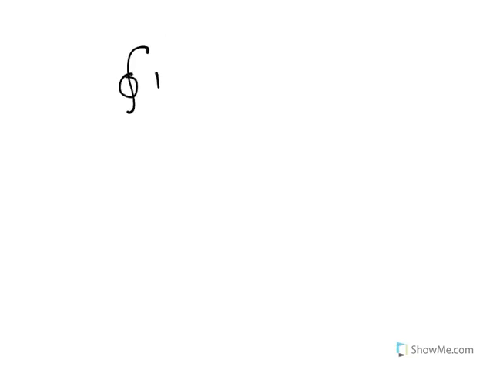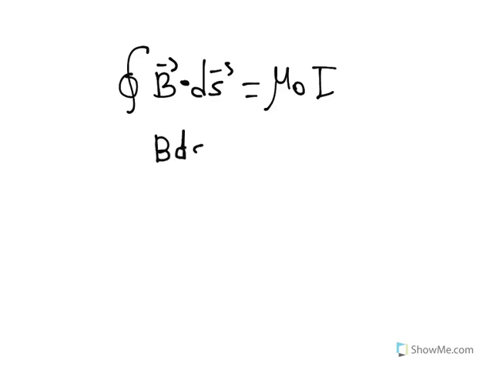We can use Biot-Savart, right? But with Ampere's law it's going to be very easy, because we have this situation. B dot ds is going to be B times ds, cosine of the angle. Cosine of the angle is cosine of 0, which is 1, right?